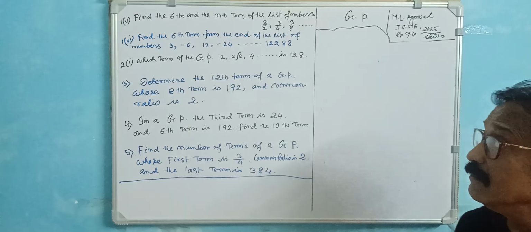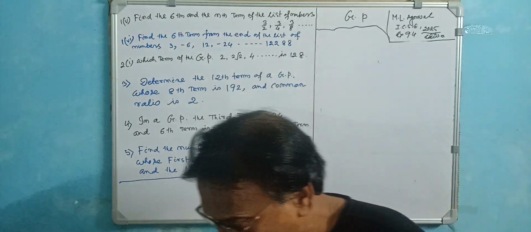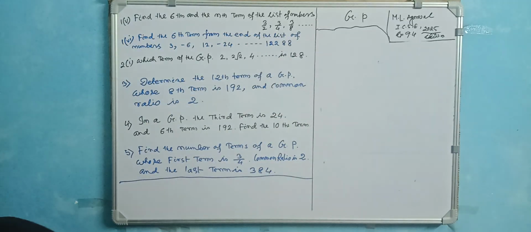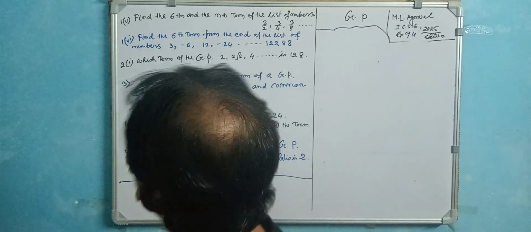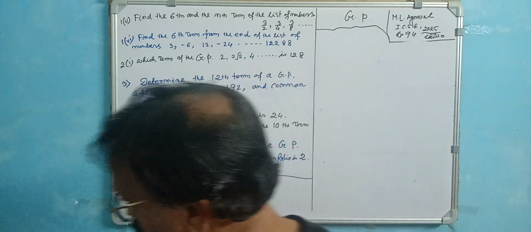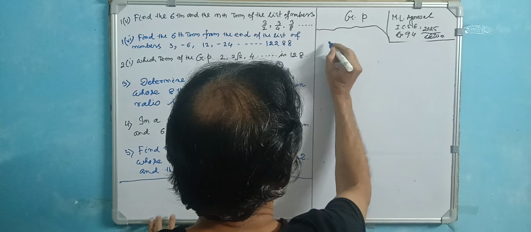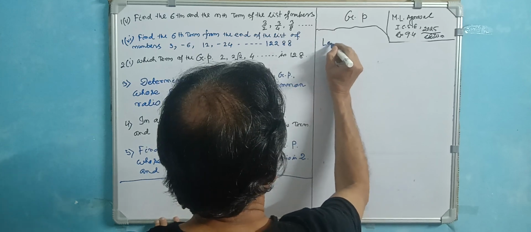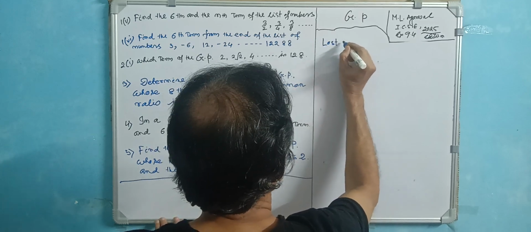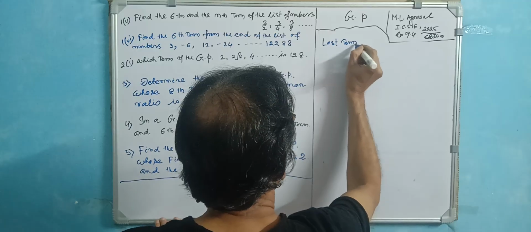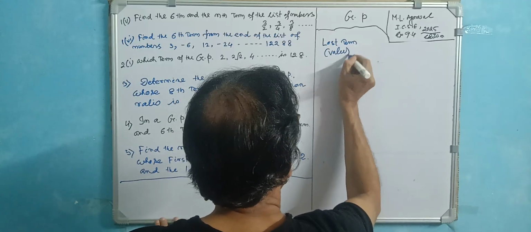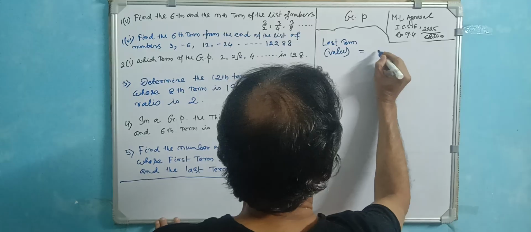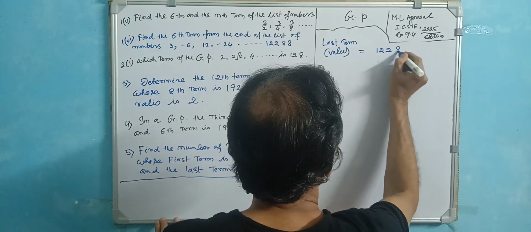We remember, this is the value of the last term. So here the last term value is 12288.